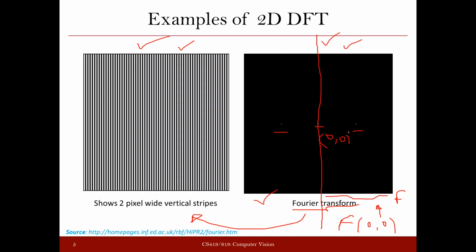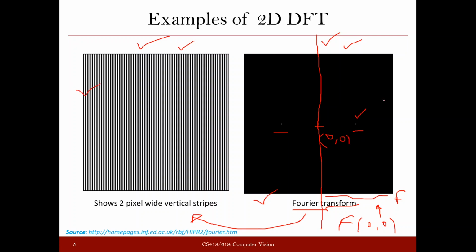Now when you analyze this spectrum, you see that apart from this center bright point, there is one bright point here, this one, right? There is no other bright point in the whole image. Wherever you have a bright point in this image, that tells you about the frequency. So if you have a bright point here, you can say that this Fourier spectrum is representing the given signal in terms of this frequency.